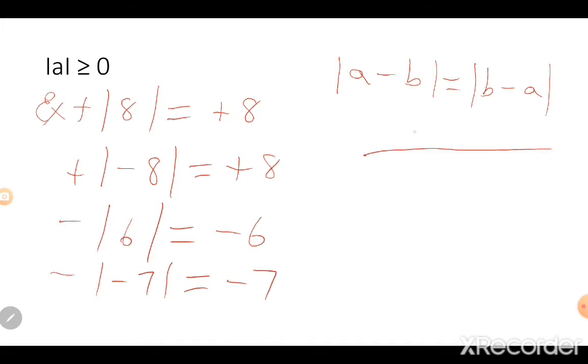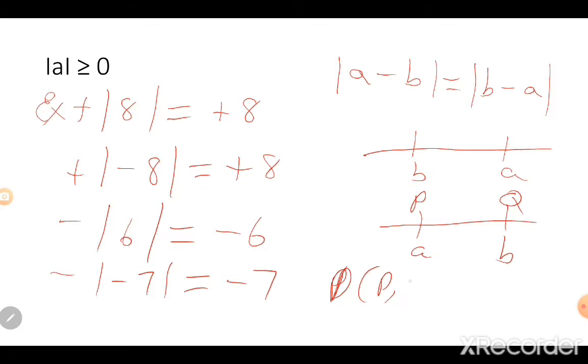So if we have B here and A here, still the same as if we had A here and B here. Okay, and absolute value helps us with this. So if this was P and this was Q, the distance from P to Q is just the absolute value of A minus B. Okay.